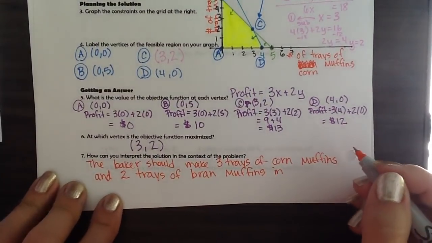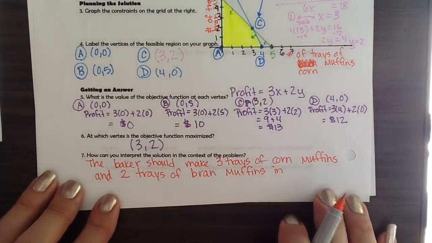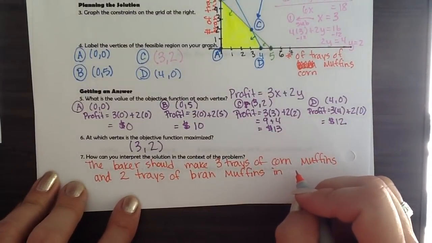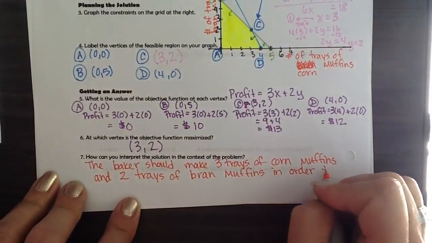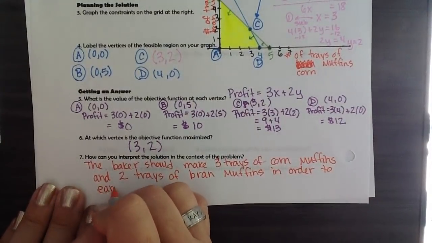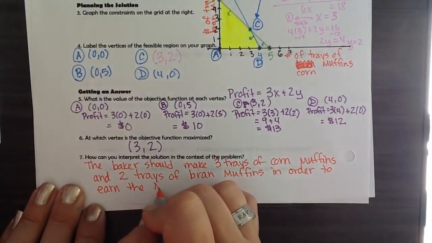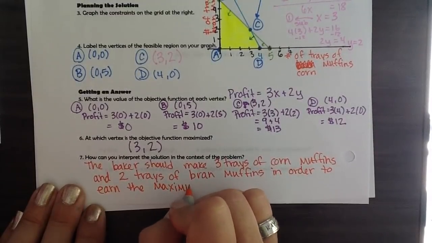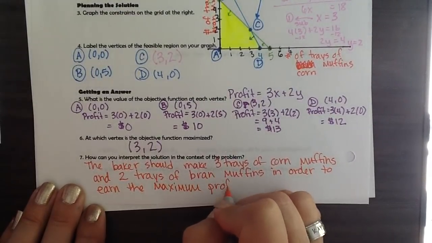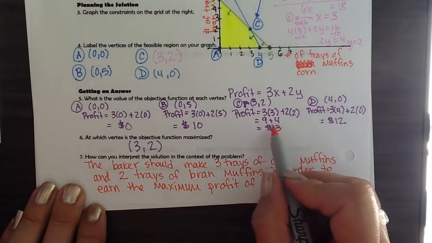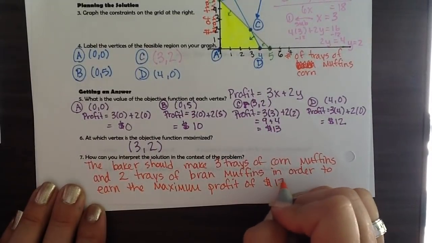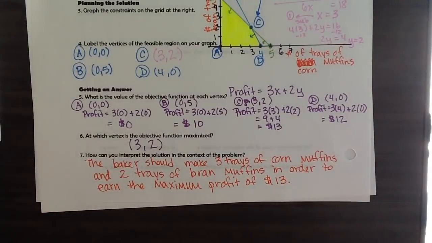And why should he choose that particular combination? Because that's going to give him the maximum profit. So that's in order to earn the maximum profit. And we want to tell him how much that profit is going to be. So it's the maximum profit of $13. So make sure that you get all of that information when you state your answer in a complete sentence.